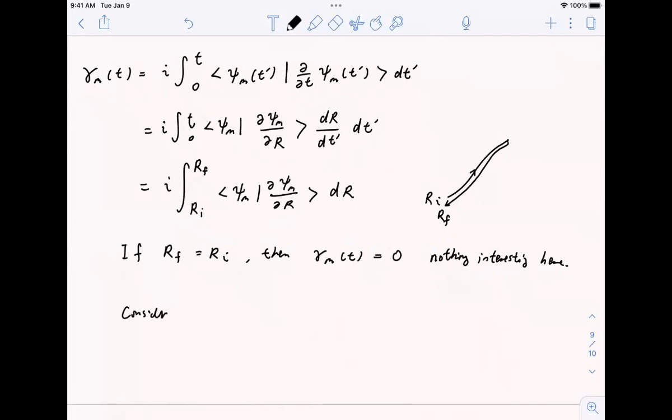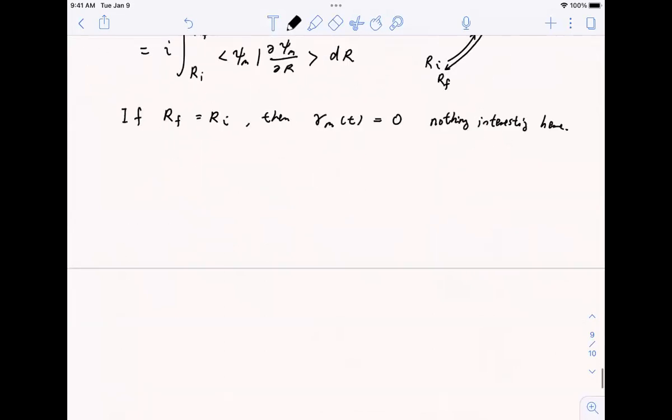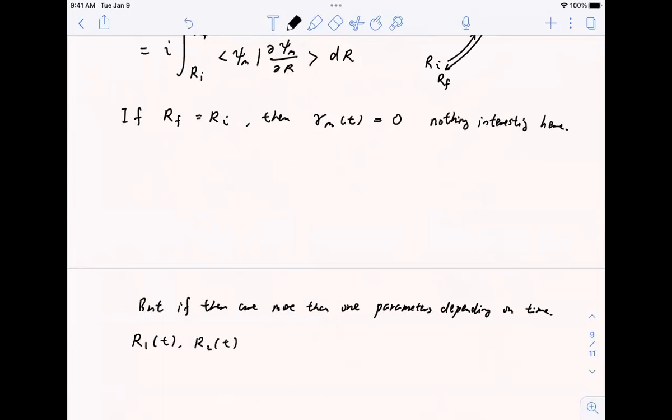But if there is more than one parameter depending on time, for example R1(t), R2(t), R3(t), let's say a total of n parameters, R_n(t).